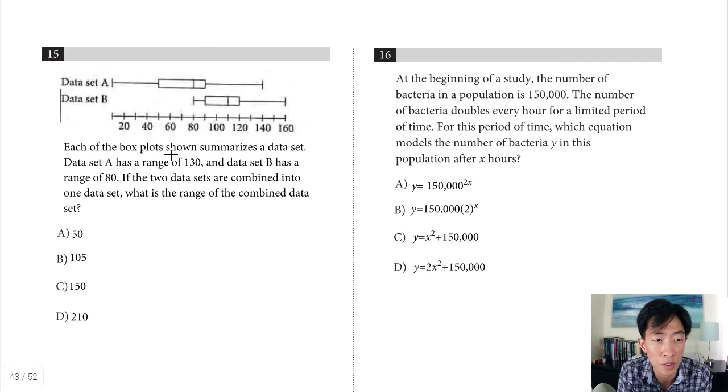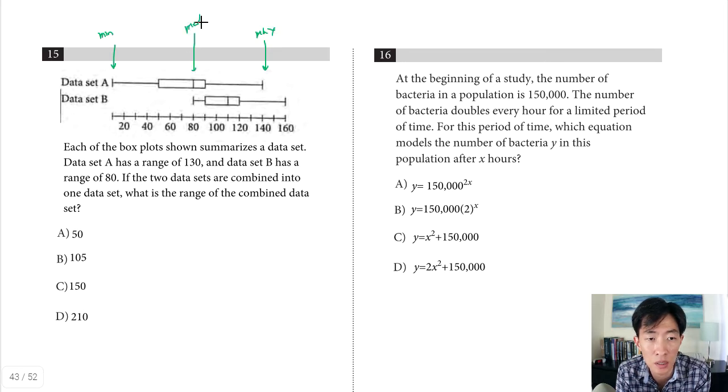Question 15, this is actually 2 box plot and whisker diagrams because you've got your boxes here and your whiskers on the other side. The only thing you really need to know about a box plot and whisker diagram are the 4 or 5 values. You've got the minimum here. You've got your maximum here. This line in the box is your median.